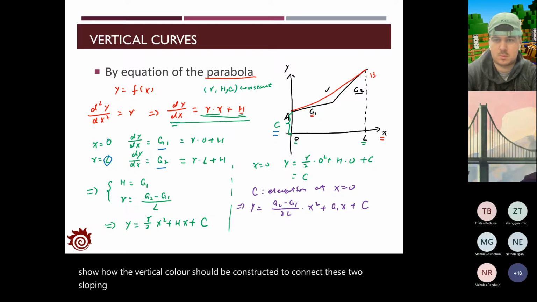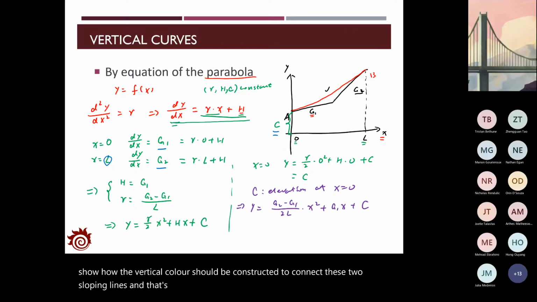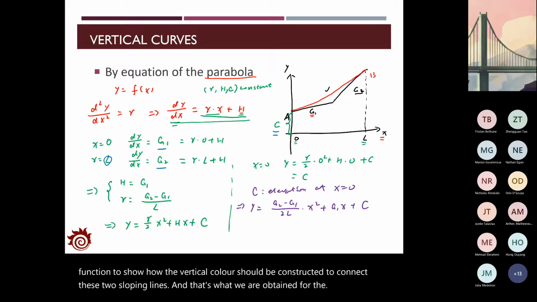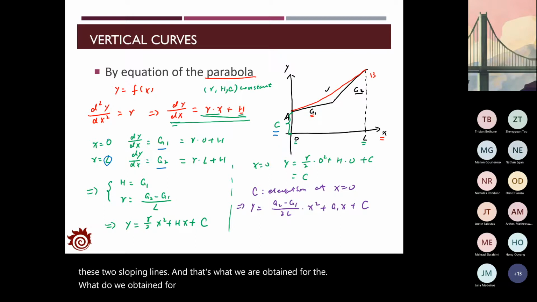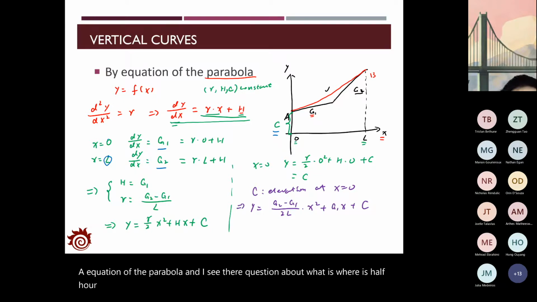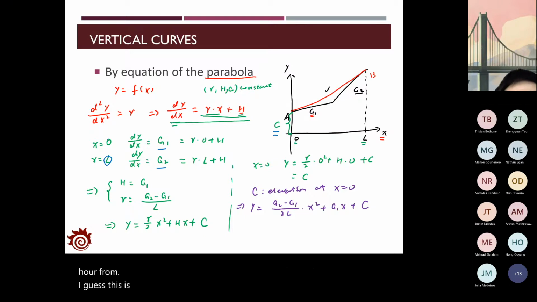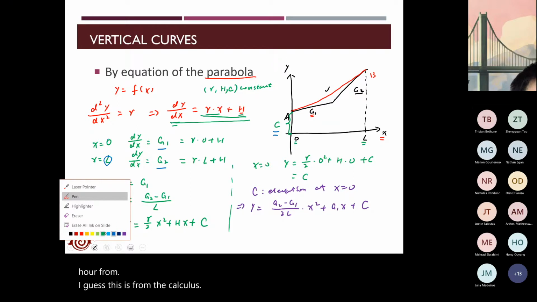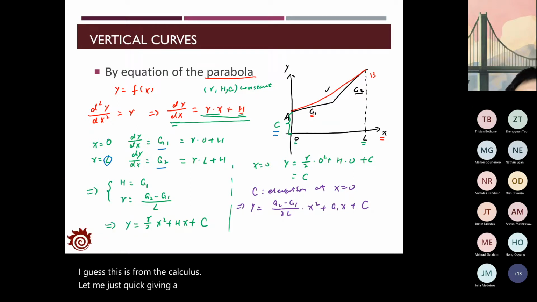And that's what we obtained for the equation of the parabola. And I see there's a question about where the half r is from. I guess this is from calculus. Let me just give you a quick derivation.